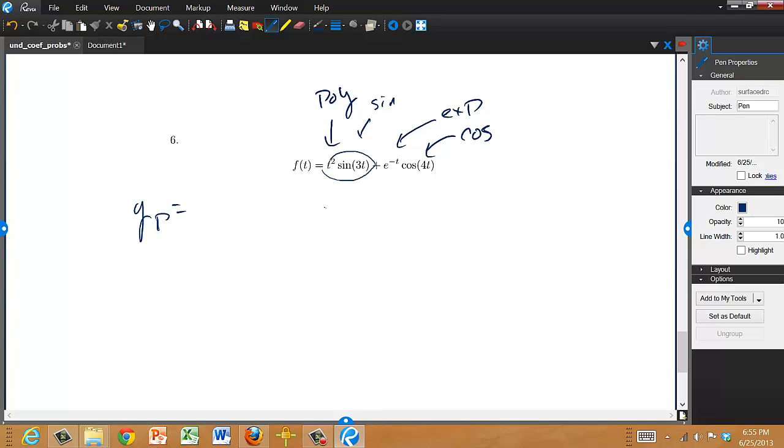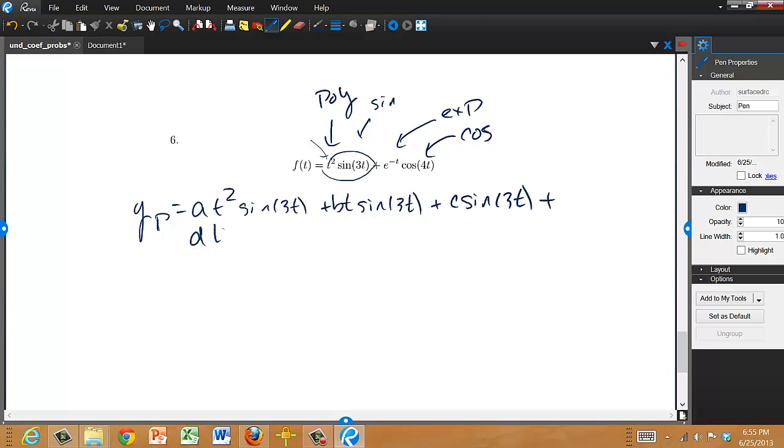Corresponding to the first term, you'll have every power of t multiplied by both sine and cosine. So you'll have at squared sine 3t plus bt sine 3t plus c sine 3t, plus corresponding terms with the cosines.